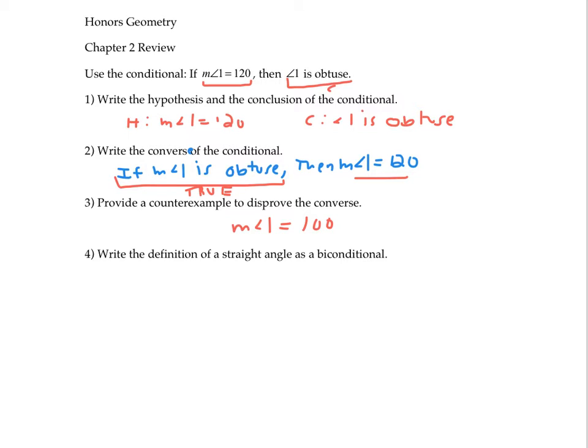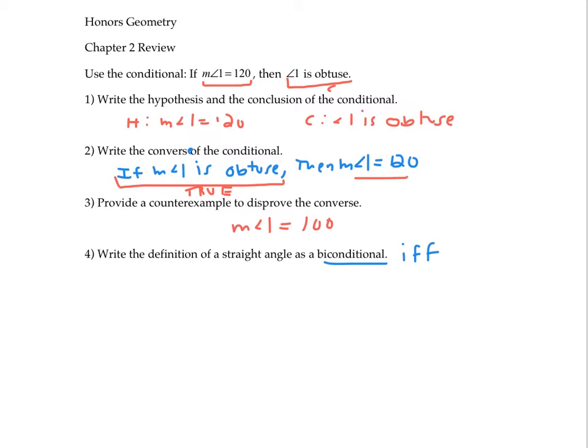Number 4, we're asked to write the definition of a straight angle as a biconditional. So a biconditional would use that special phrase, if and only if. A straight angle is an angle whose measure is exactly 180 degrees.